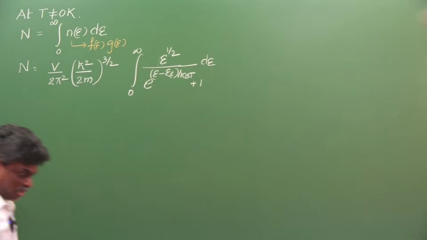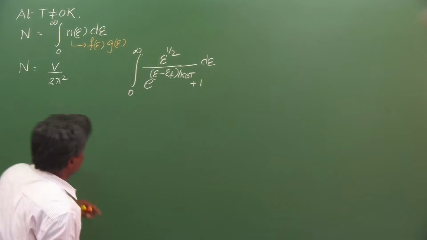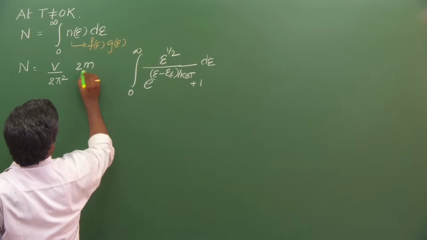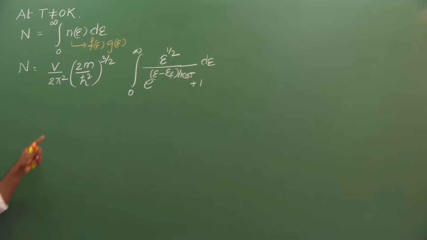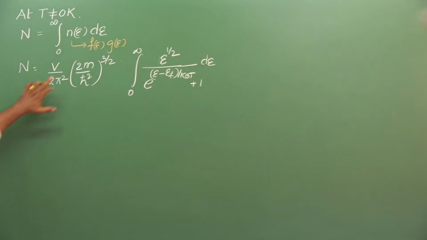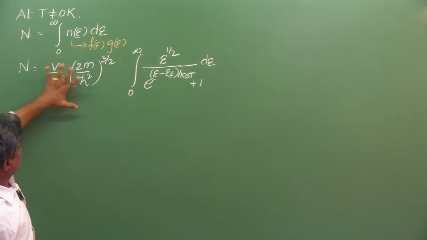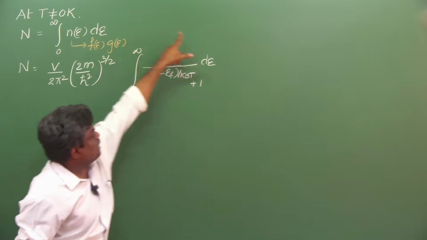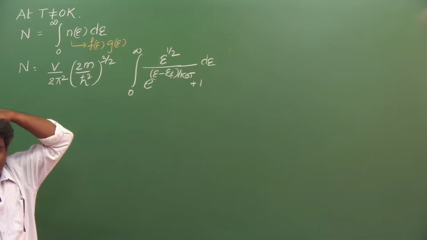I have substituted F(E) and G(E) here. Write the constants outside and the remaining integral is what we got. This integral is called the Riemann zeta integral.